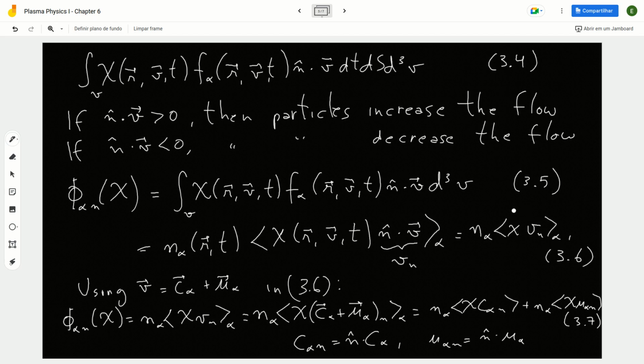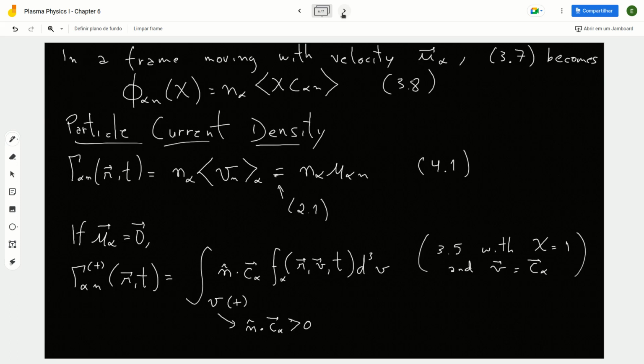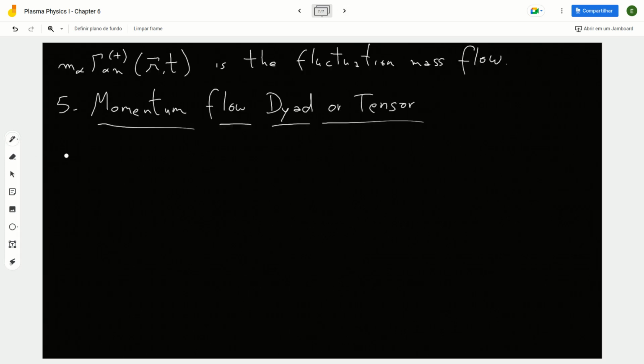Then let's use 3.6 with chi equal to a component of the momentum of particle alpha. Since momentum is a vector for each particle, we'll write this equation for each component of this vector. Then we'll have component by component, and I can define a flow vector. So doing this, let's start with the mathematics, then I'll comment on the tensors later.